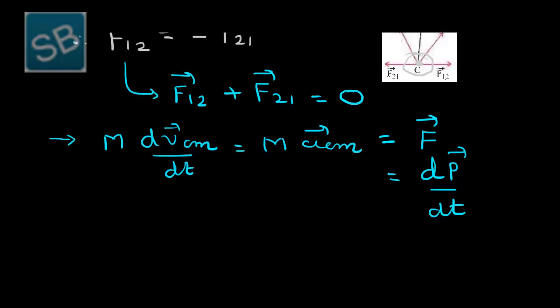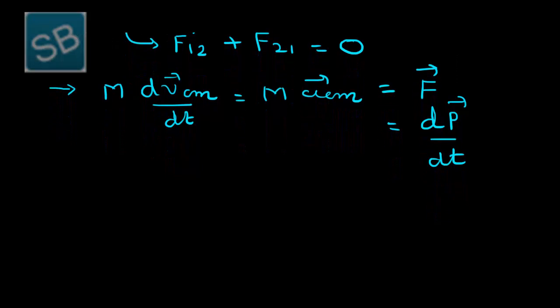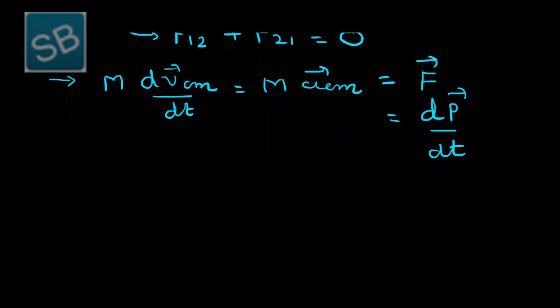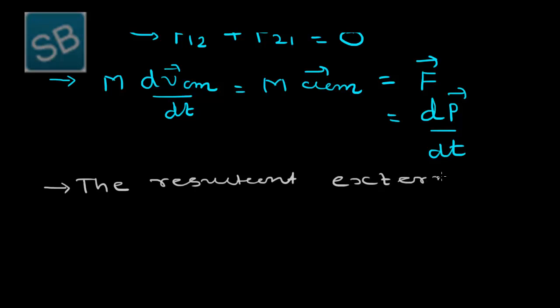So, what does this equation suggest? This equation suggests that the resultant external force. Why have I written only external force? Because the resultant internal force is 0.